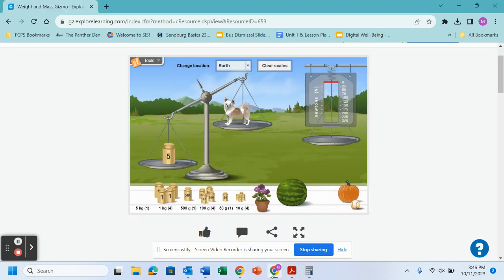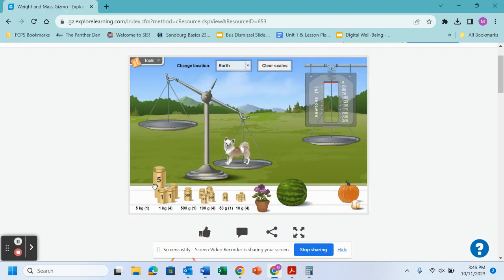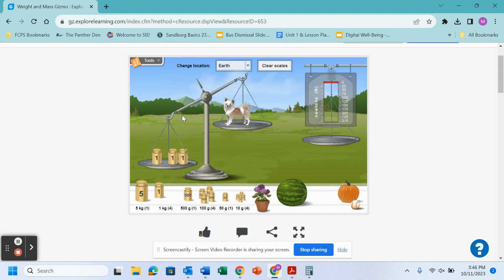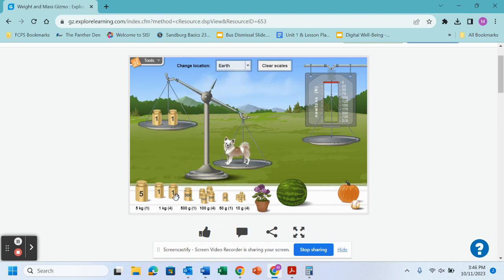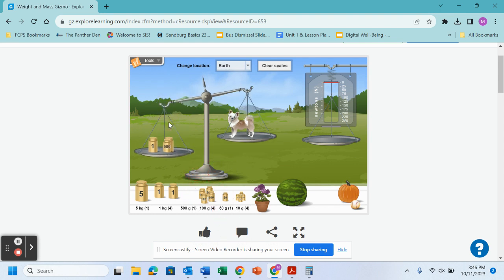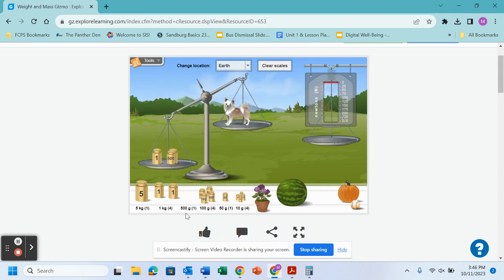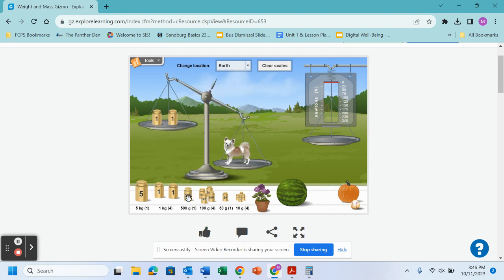Let's go back. Okay, so we'll take the 5,000 off. 1,000 grams, 2,000 grams, 3,000 grams. Okay, so that's too heavy. This is too light. So we're getting closer. We got 2,000. Let's say, okay, so we put the 500 grams. It's still too heavy.